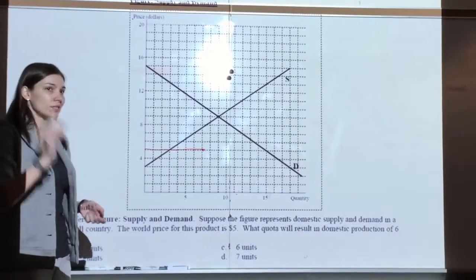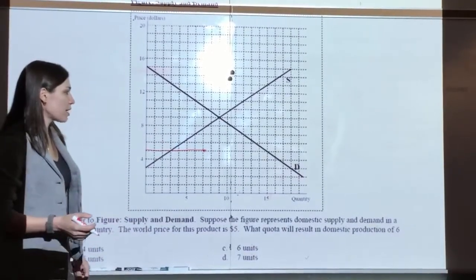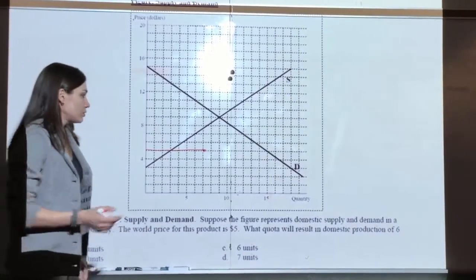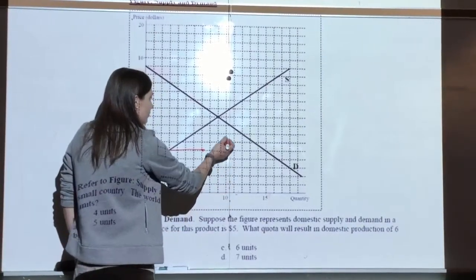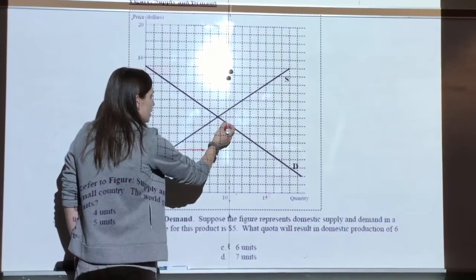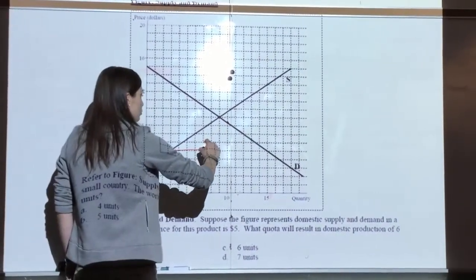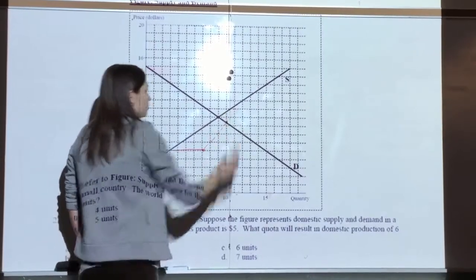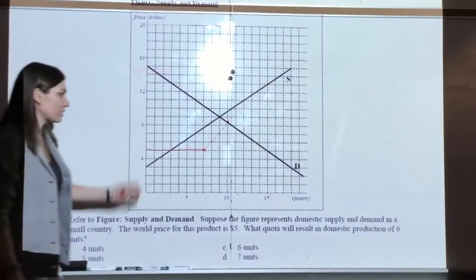And there's an import of 4. So we need the new supply curve and the demand curve to intersect at 10, which is here. Now, if you draw the supply curve between those 2 points, is it parallel to the original supply curve? No. So that cannot be.